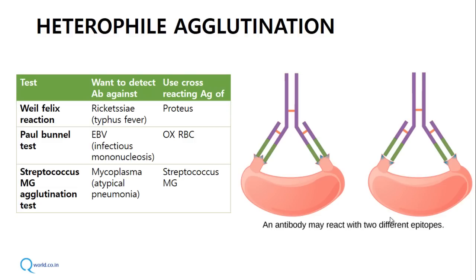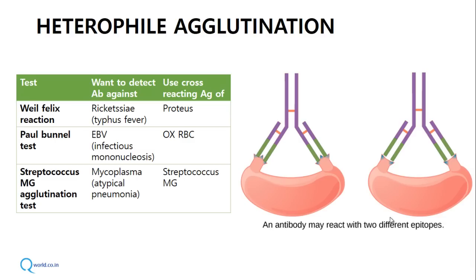The third type of agglutination reaction is the heterophile agglutination test. Why do we need it? The purpose is to detect antibodies against a microorganism. But to detect antibody, I have to provide an antigen. What if I cannot get that antigen easily, like rickettsia, which are intracellular organisms, Epstein-Barr virus, or mycoplasma, whose culture is difficult or whose antigen is not easily available?